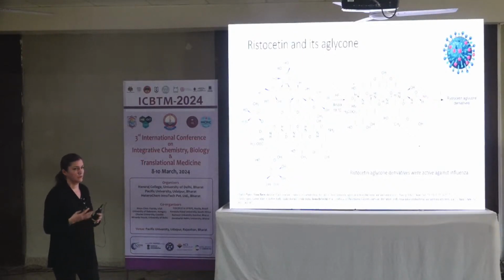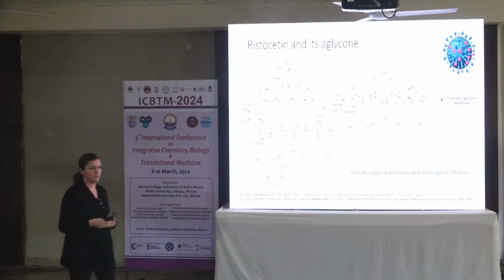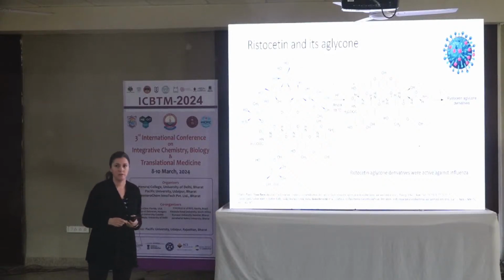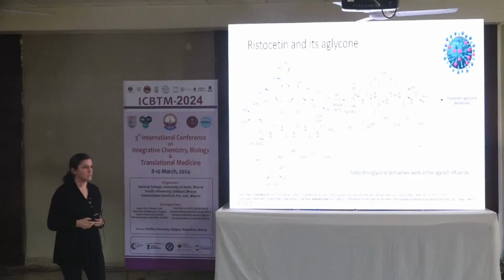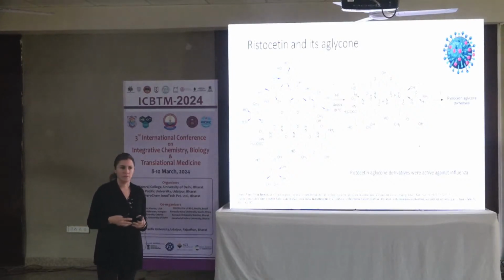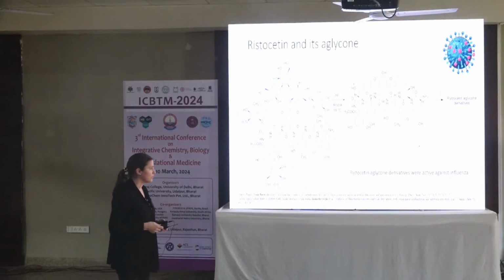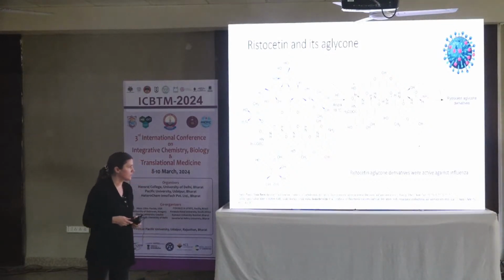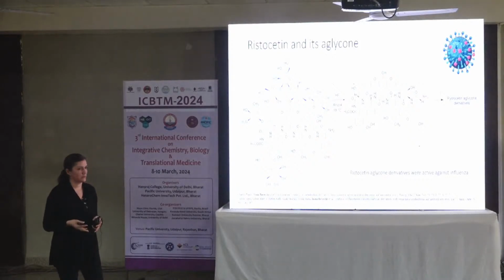We started our work with ristocetin. Ristocetin is also a glycopeptide antibiotic, but it is not used as an antibiotic because of its platelet aggregation property. But ristocetin aglycon derivatives have antiviral activity.